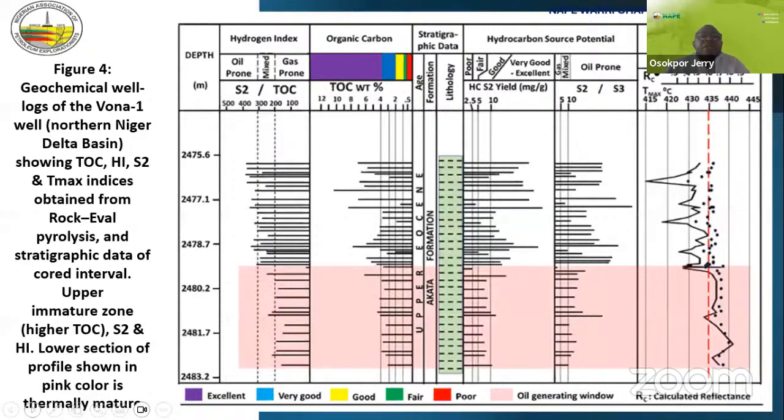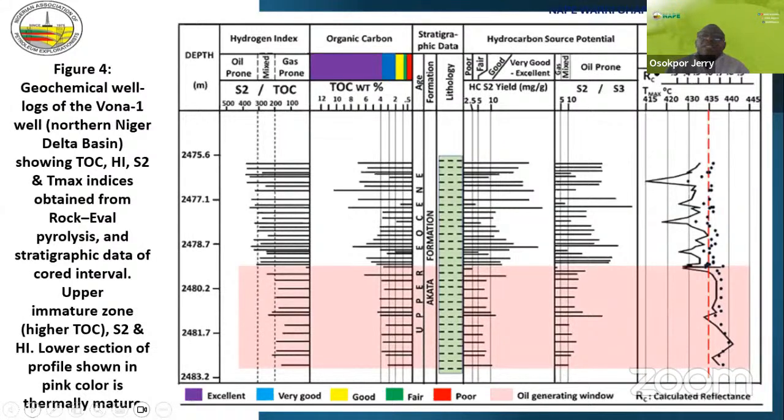If we look at the other parameters, the organic carbon in the third column, we can see that the upper part also has a high TOC value compared to the area in pink, while for hydrocarbon source potential, it also showed that the upper part of the well had higher potential compared to the lower part. This is an anomaly to an extent. It's an anomaly initially when you look at it, but this is why we are trying to explain the cause of this anomaly that we see.